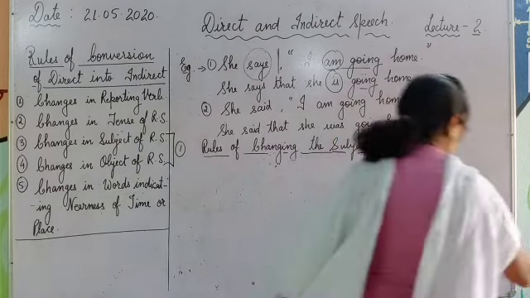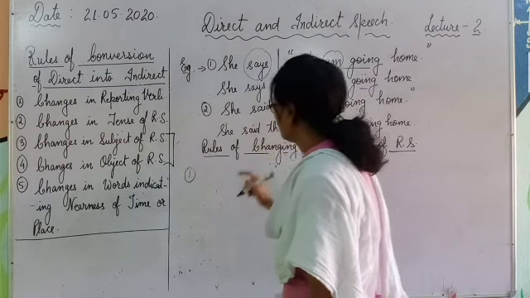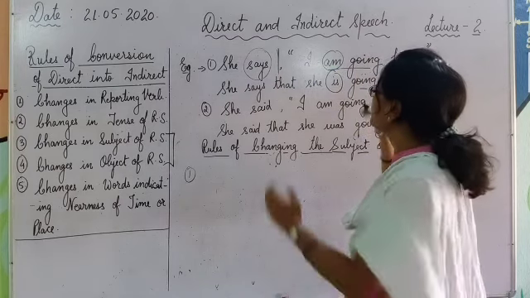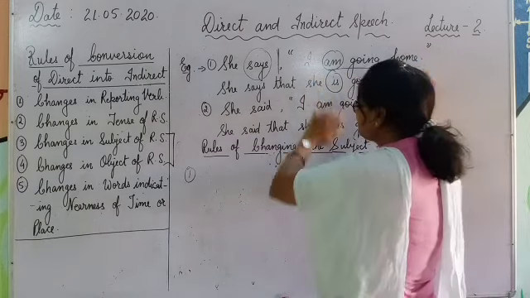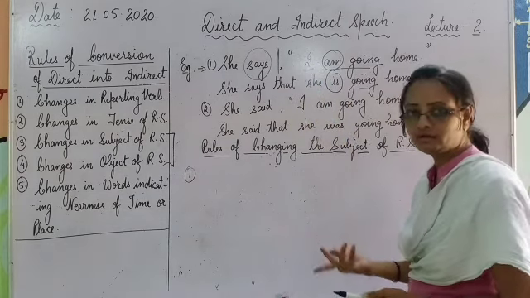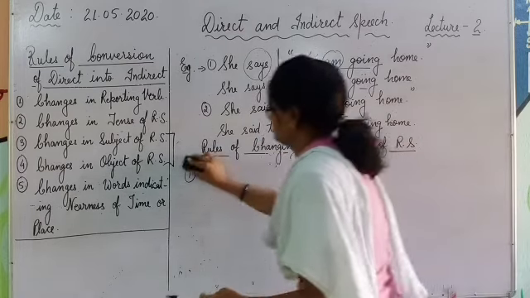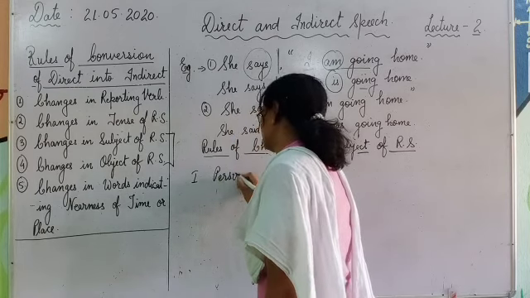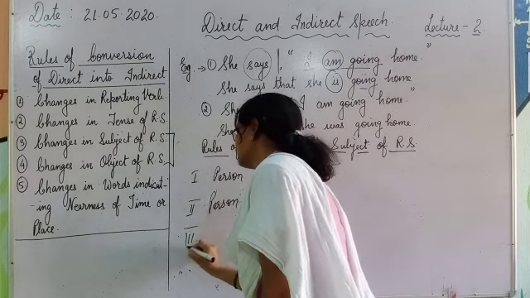Number 1. Go through the same example here. She says, "I am going home." Now this is the reported speech. Which is our subject here? The subject is I. It means you have to change the pronouns. Clear? Pronouns can be categorized into 3 persons: first person, second person, and third person.